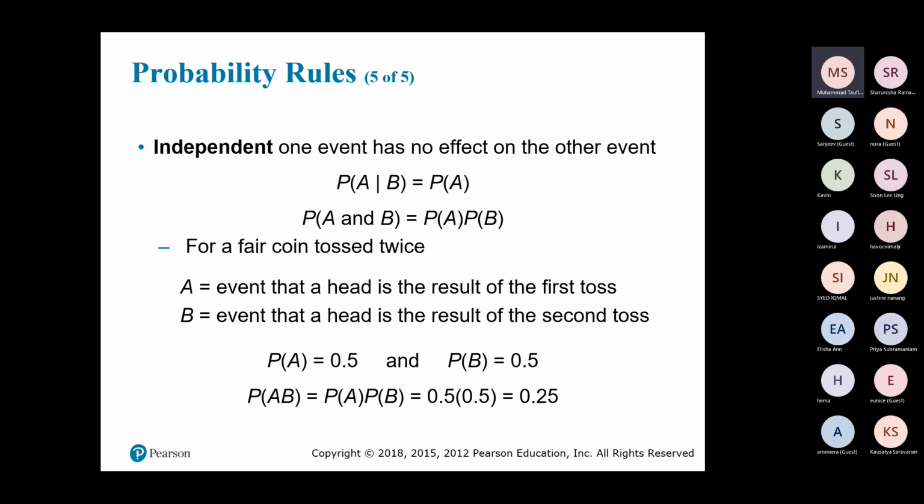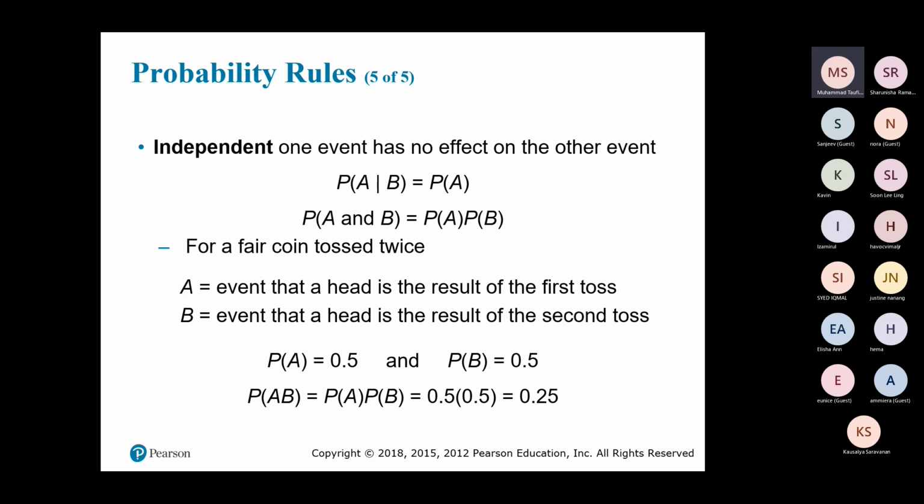To calculate it, just multiply probability of event A, getting head on the first try, and probability of event B, getting head on the second try. The probability of getting head on a coin toss is 1 out of 2 events, 1/2 or 0.5. So that is the probability of getting head out of one coin toss.